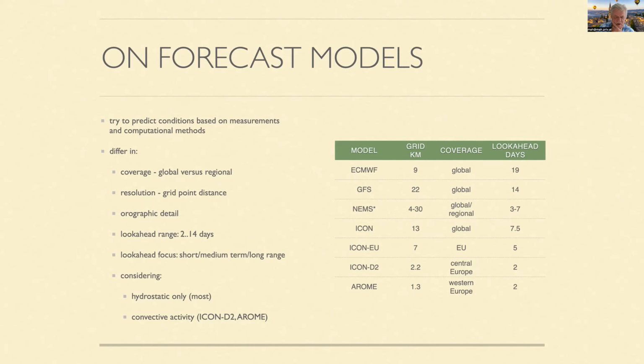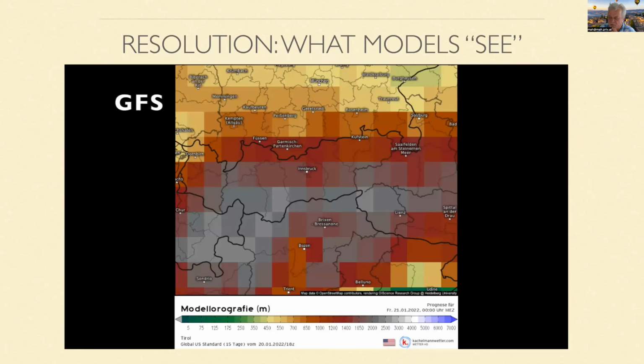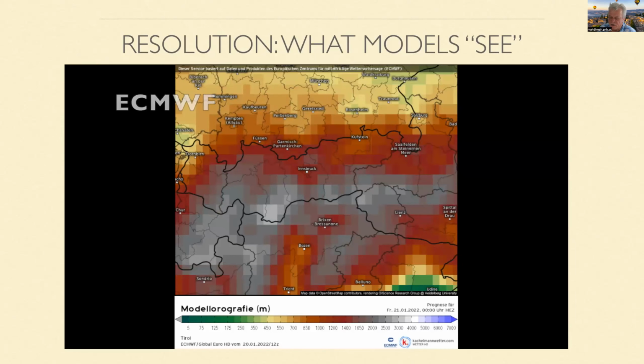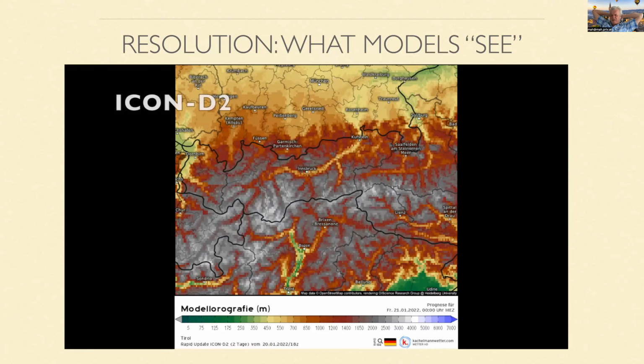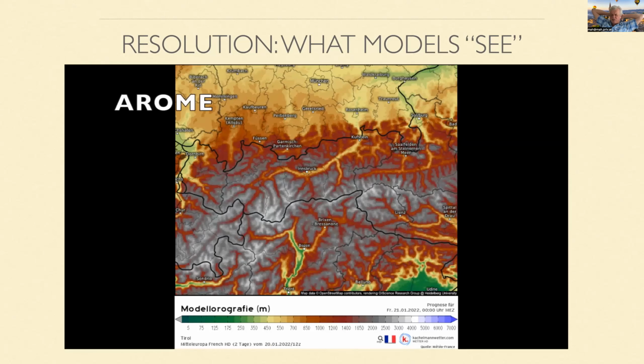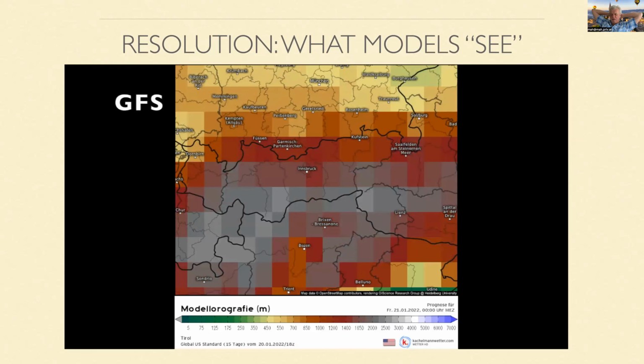I am just showing a short animation so you get a grasp on what models actually see of the orography of a landscape. As an underlying map, I used Western Austria, Tyrol and Vorarlberg and parts of Salzburg. Now, this goes through the several weather models, and the grid is the grid resolution of that particular model.